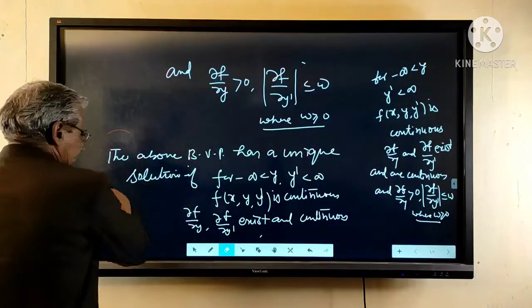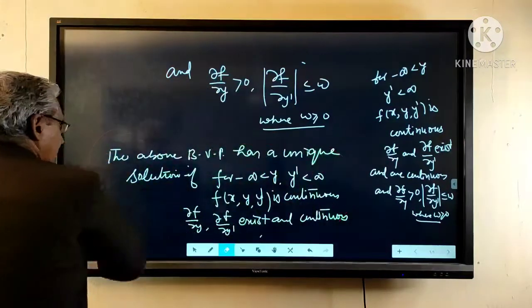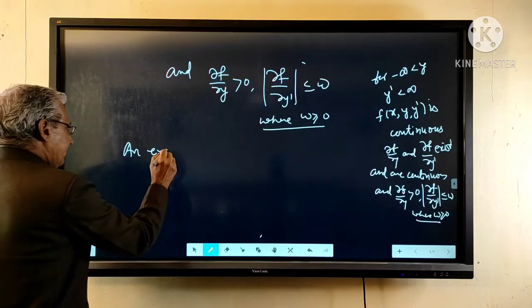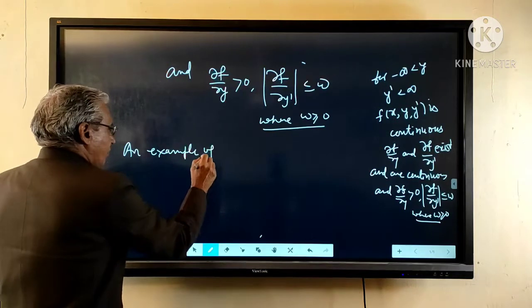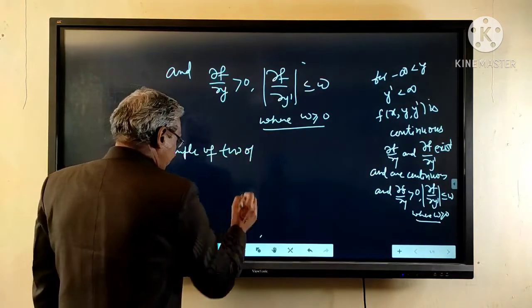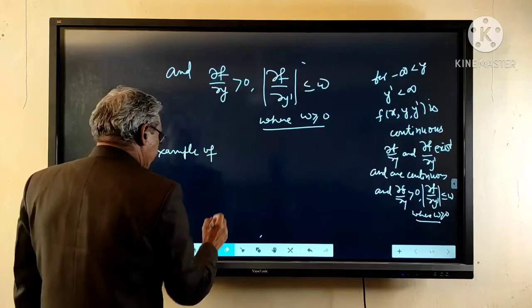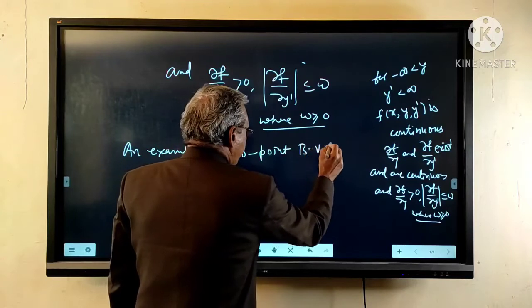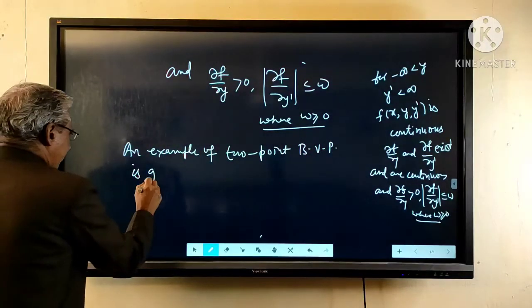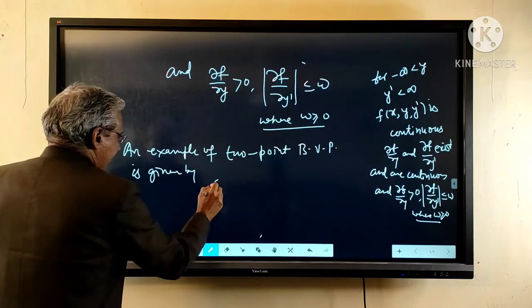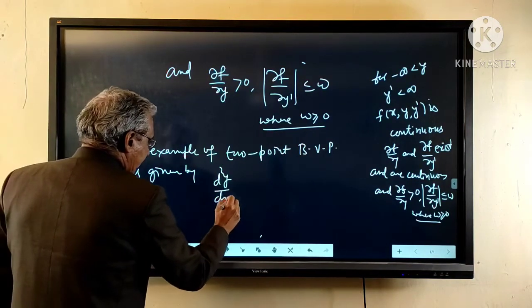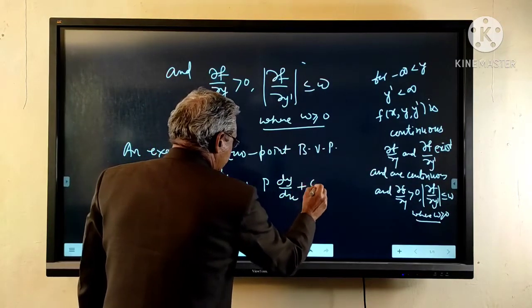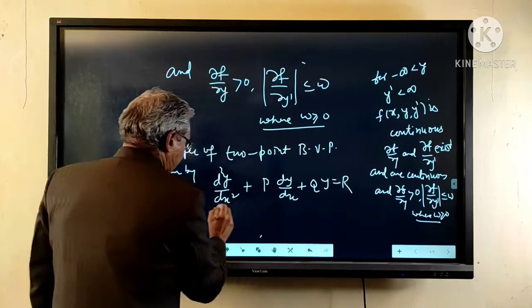An example of a 2-point boundary value problem is given by d2y by dx square plus p dy by dx plus q y equals r.